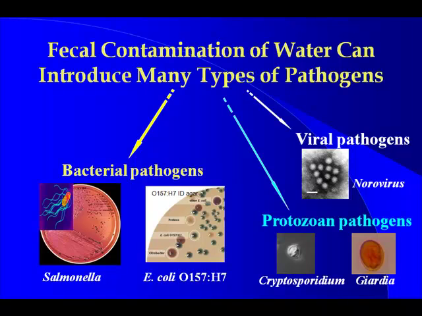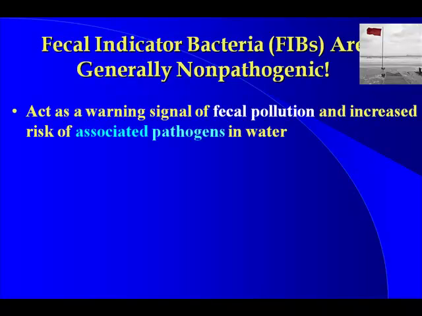There are all different kinds of pathogens: viruses, protozoans, bacteria. What we've done is pick out a few of these, primarily E. coli and a couple of other bacteria, as indicator bacteria. Generally they're non-pathogenic, and one interesting thing is they don't necessarily have the same ecology as the pathogens.